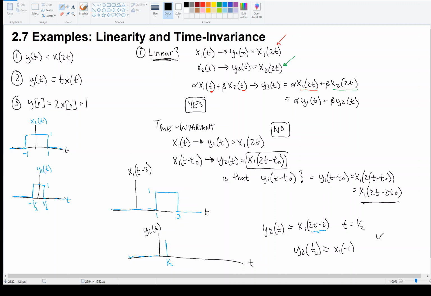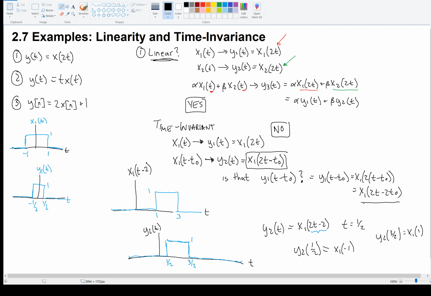So y2 of 3/2 is equal to x1 of 1. x1 of 1 is this right edge, so this is telling me that the right edge is occurring at 3/2. And so this is what I get out. y2 right here is what I get out when I put in this signal here.